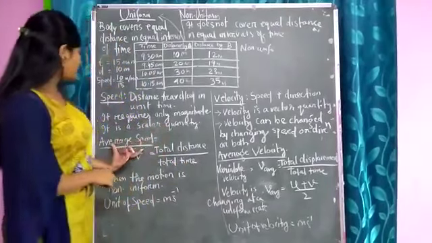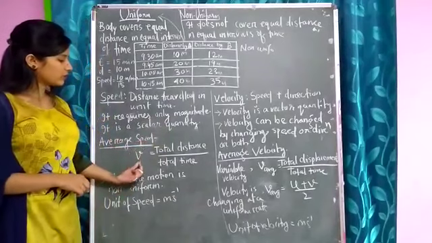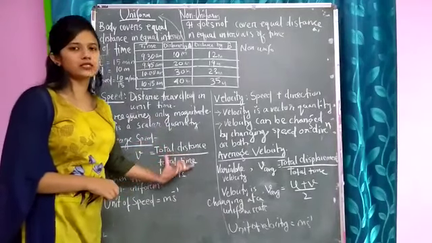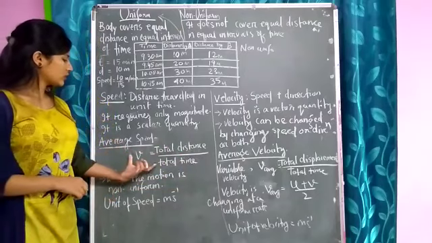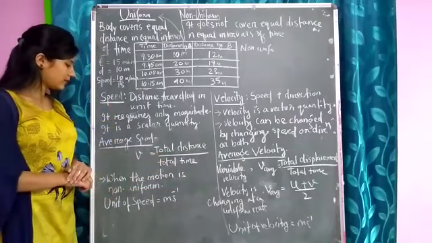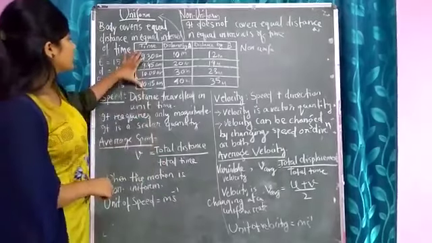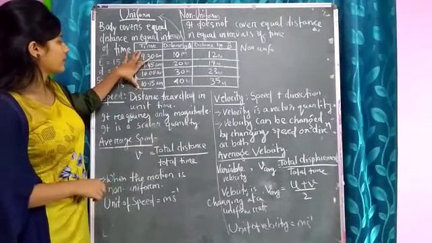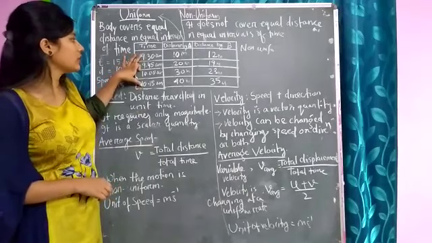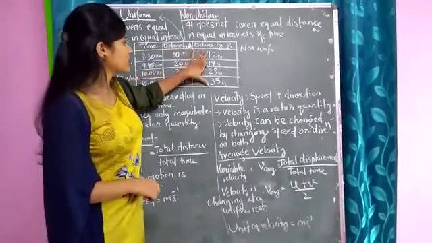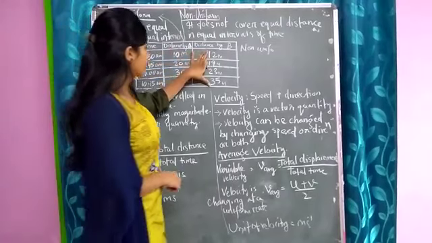In order to find out the average speed, we are again going for the same formula, total distance by total time. Suppose the total time is 45 minutes, and here the distance will be different.